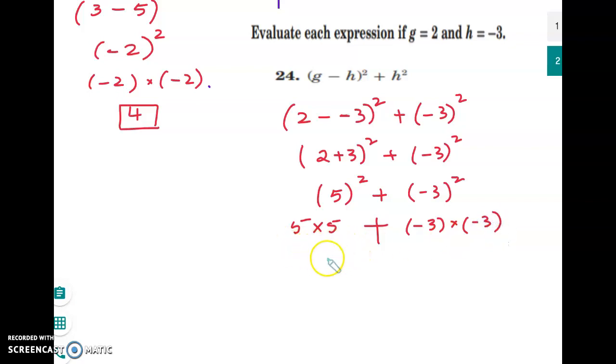So let's do the math. 5 times 5 is 25 plus negative times negative becomes positive, and 3 times 3 is 9. So let's add 25 plus 9, which gives you 34. So 34 is the answer when you evaluate each expression for the given values.